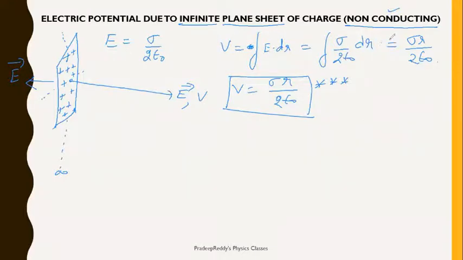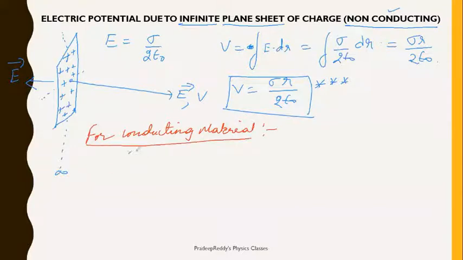This is for non-conducting. Now let us take the conducting material. For conducting material, as we know, this is a conducting material, and this conducting material also has some charge. Like on the left surface there will be charge, as well as on the right surface there will be charge.